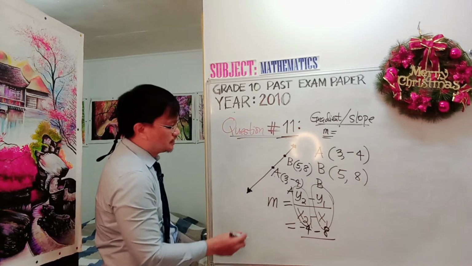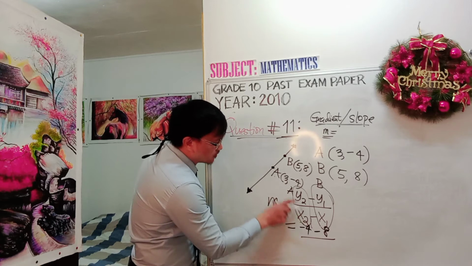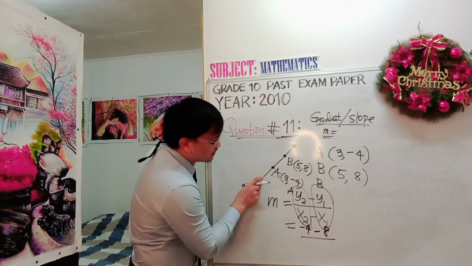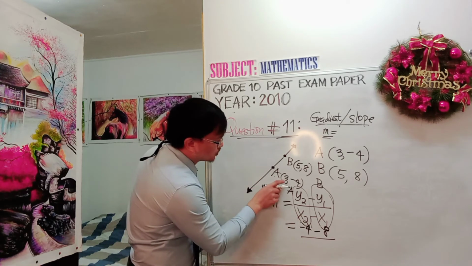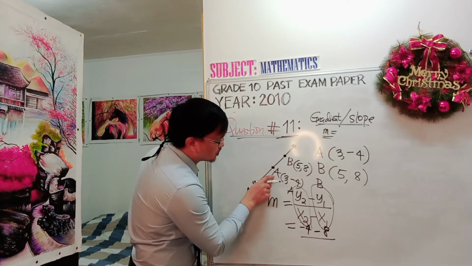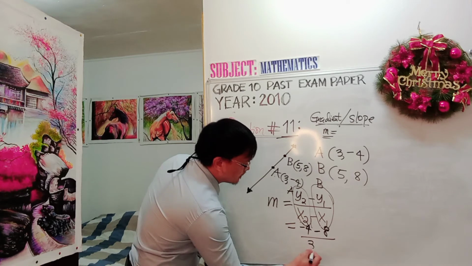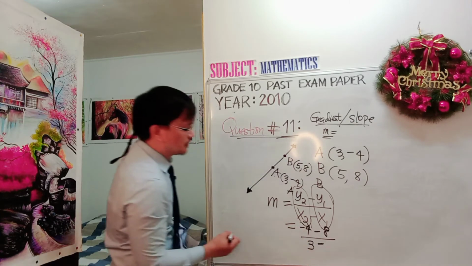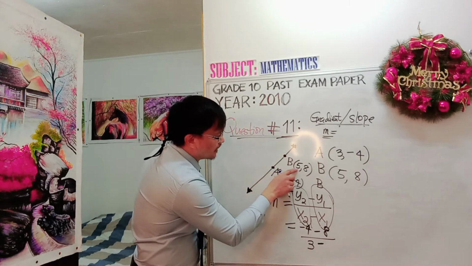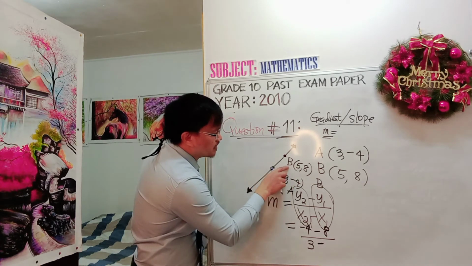All over, the x coordinate of A, which is positive 3, minus the x coordinate of point B, which is 5.